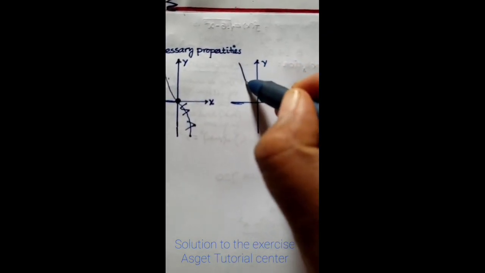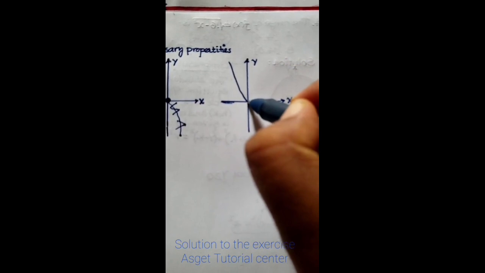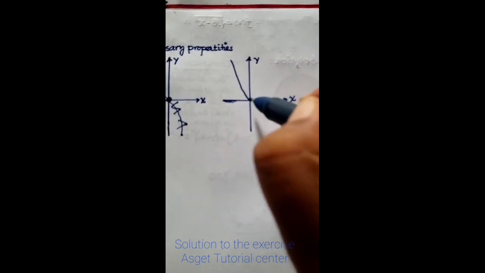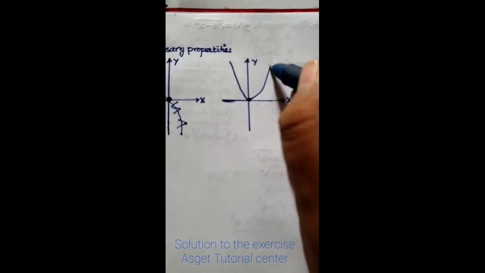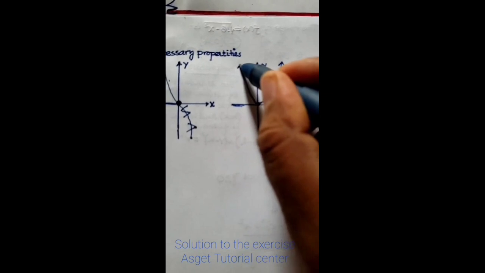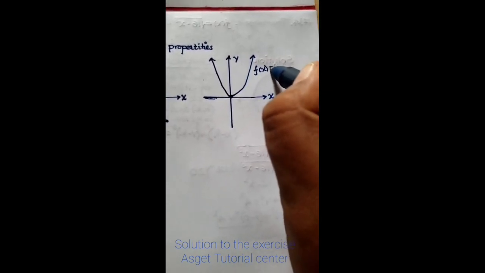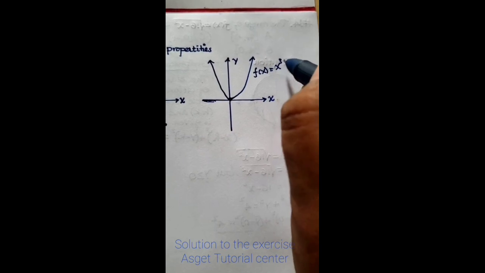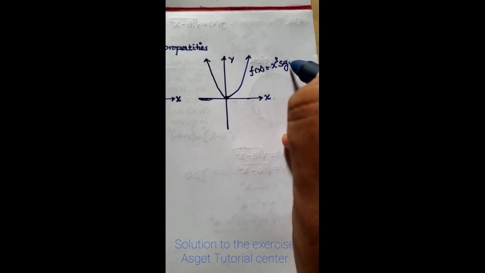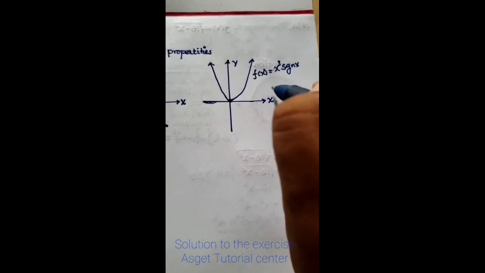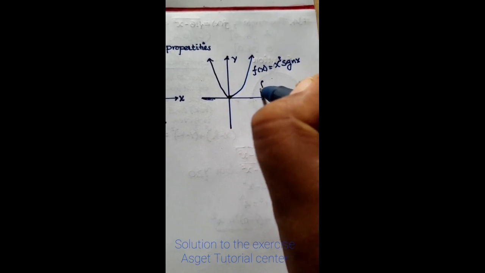Now the graph of the entire function will be just joining these component graphs in the same coordinate plane. So when you join all the components of the function on the same coordinate plane, you will find out that the graph looks like an upward parabola that turns at the origin.